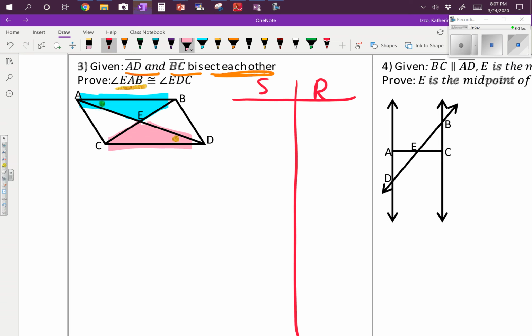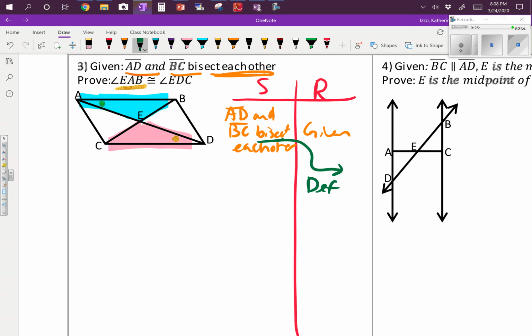So I want to use this given, AD and BC bisect each other. Given. Okay, bisect means definition of bisect. So, definition of bisect, we've got AD is bisected.